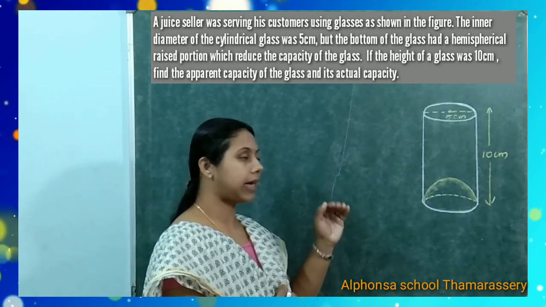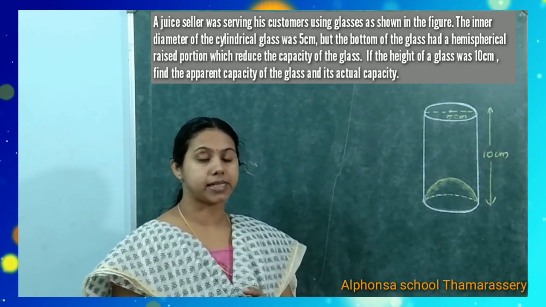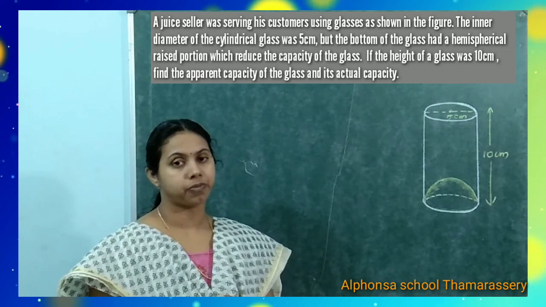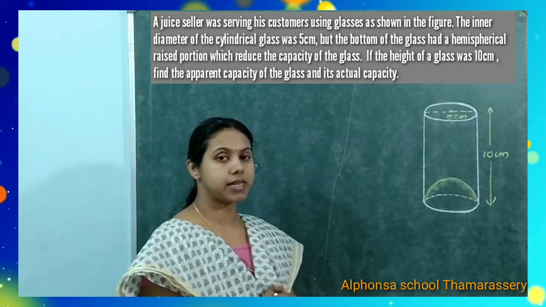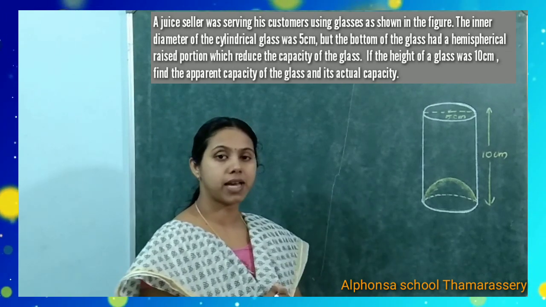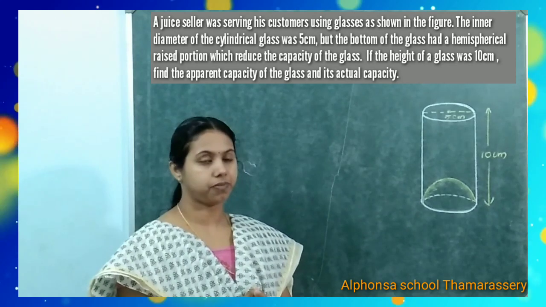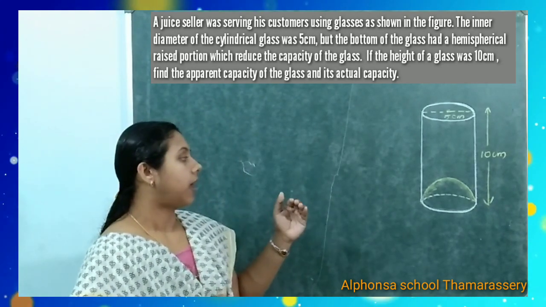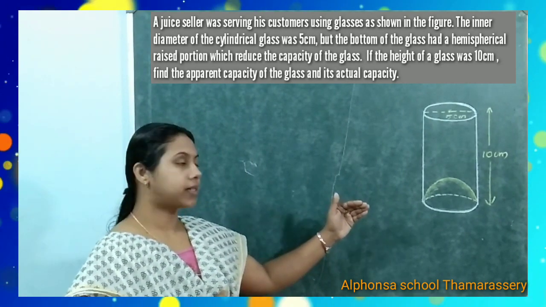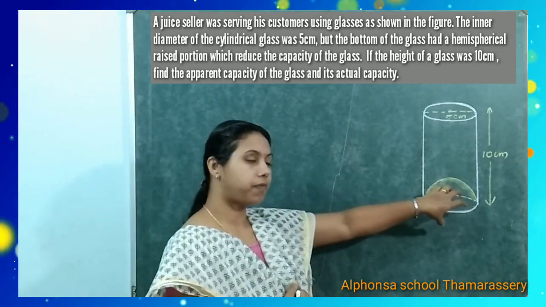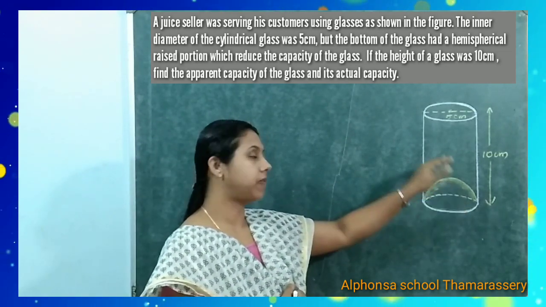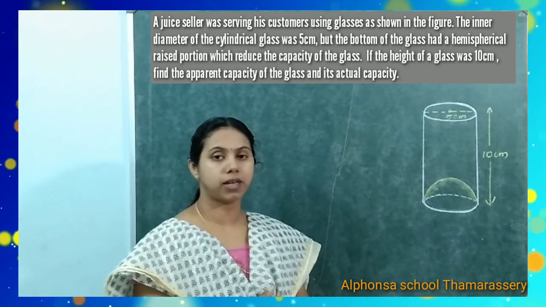We want to find the apparent capacity and the actual capacity. Here the apparent capacity is equal to the volume of the cylinder. The actual capacity means when you subtract the volume of this hemisphere, you will get the actual capacity of the cylinder.